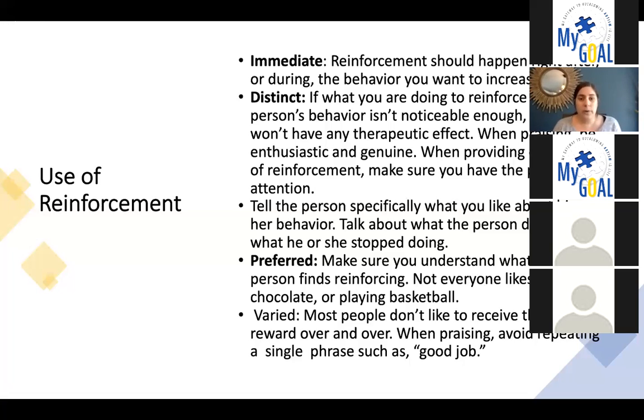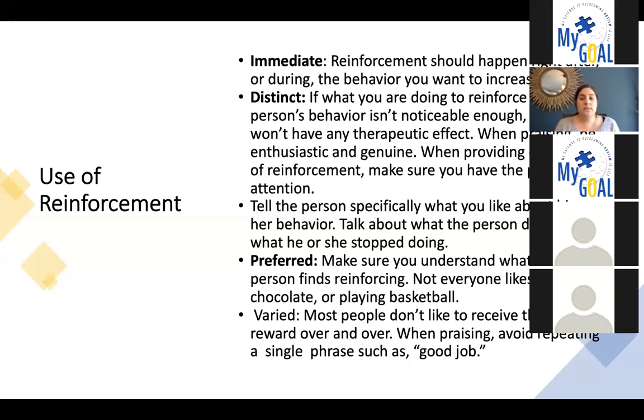But now, if we will, there are a few things that we need to look at. We need to make sure, most importantly, that reinforcement is immediate. As soon as your child engages in a behavior that you want to see, we want to reinforce. We want to make sure that reinforcement is distinct and genuine and enthusiastic. What exactly are we reinforcing?